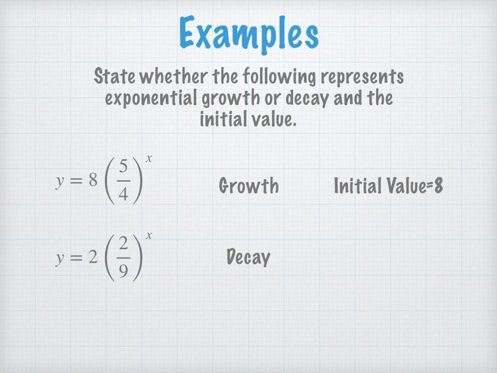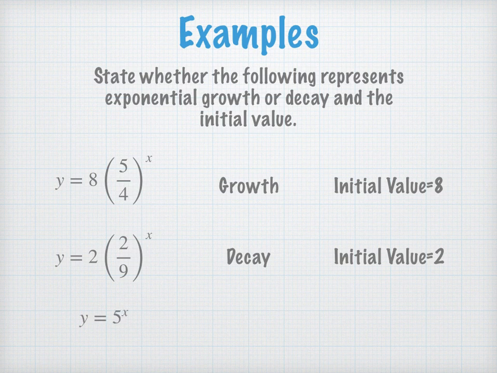This is exponential decay because 2/9 is less than 1. The initial value here would be 2. The initial value is 2 because the value for a is 2. Also, when plugging in 0 for x, we would get that this equation equals 2.